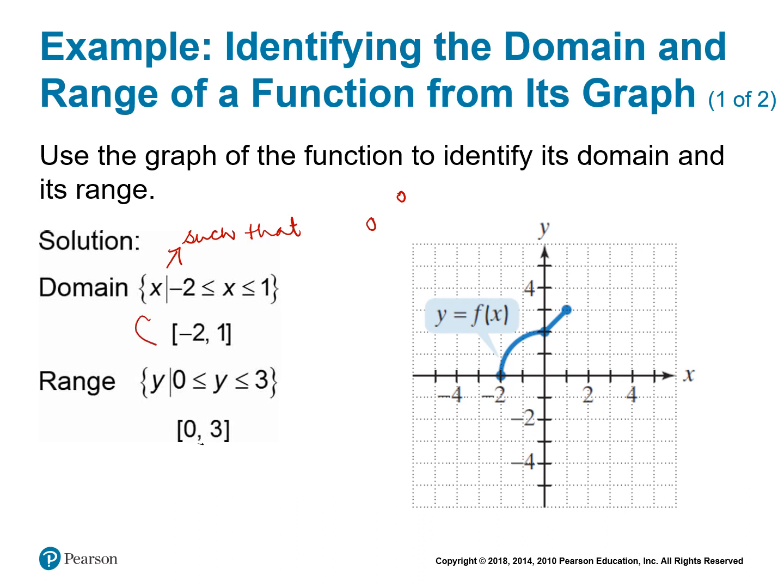It would be written as round brackets, -2, comma 1. However, in this particular example it should be square brackets, so this is not the right answer for this example. But if it were hollow circles, then we would use the round brackets.